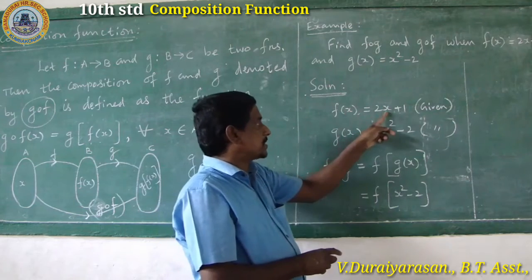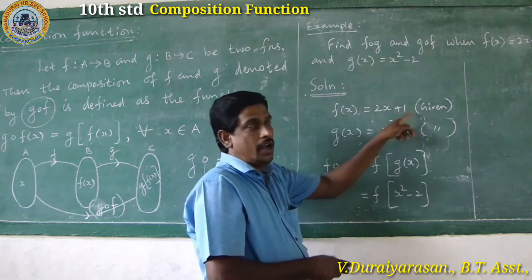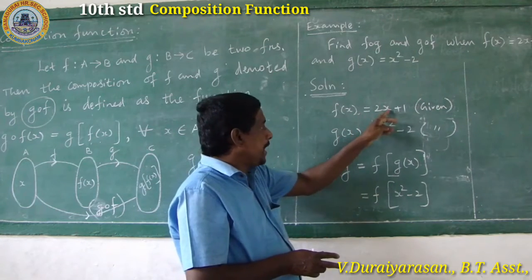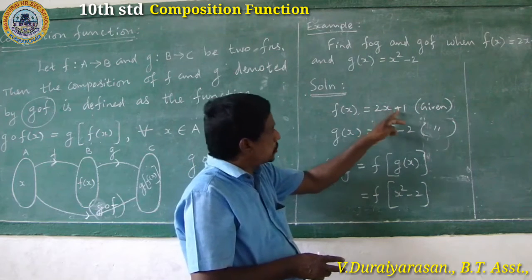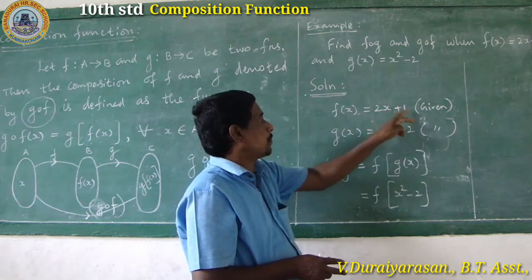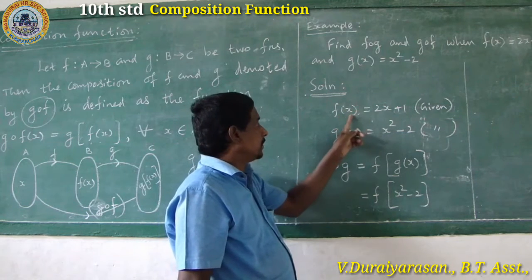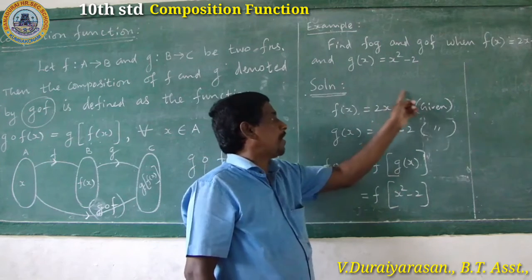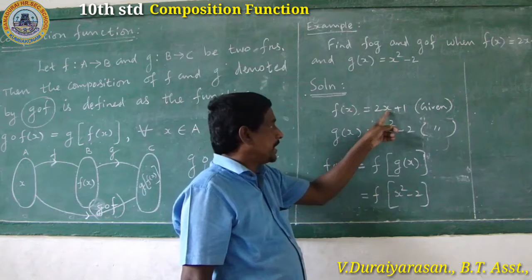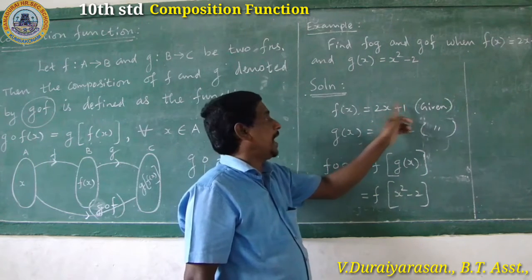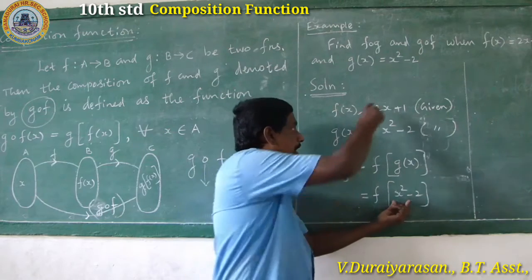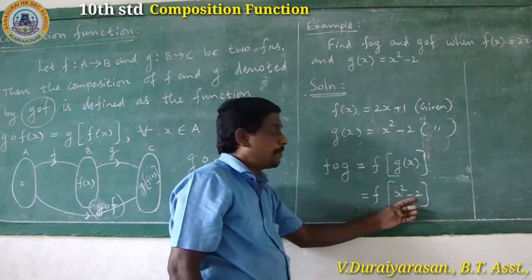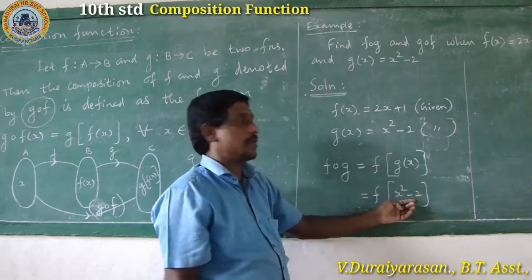In the given function, x is multiplied by 2 and 1 is added. So 2x plus 1. Here x is the given function, and it is multiplied by 2 and 1 is added. In the same way, what is x? X is x square minus 2, multiplied by 2 and plus 1.